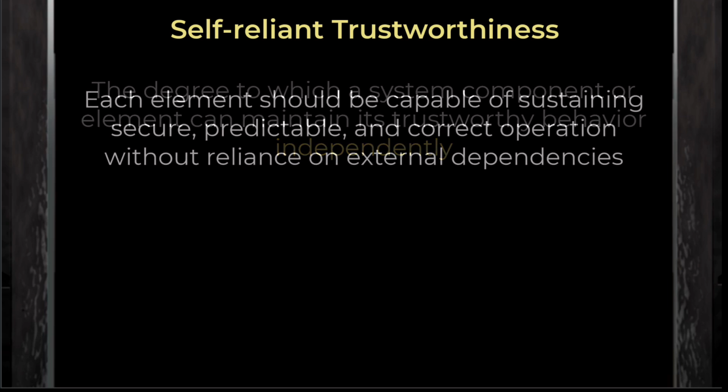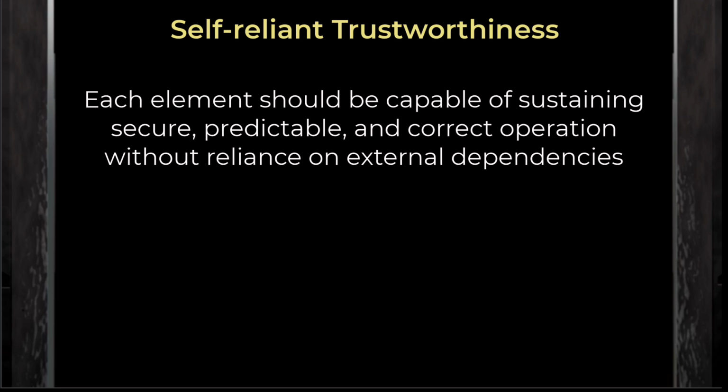Self-reliant trustworthiness emphasizes that each system element should be capable of sustaining its secure, predictable, and correct operation without over-reliance on external dependencies. This contributes to the overall trustworthiness of the system by ensuring that the compromise or failure of one component does not lead to cascading failures or a breach of system integrity.